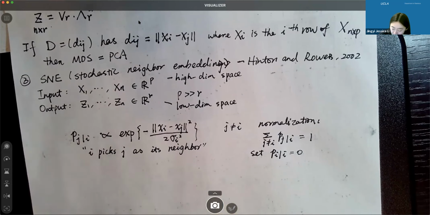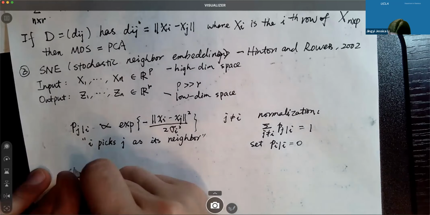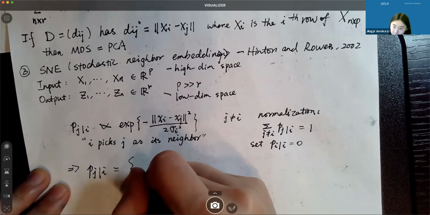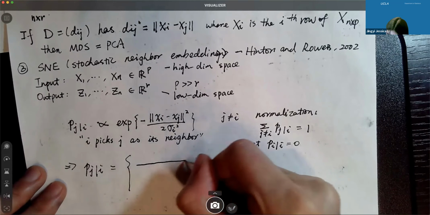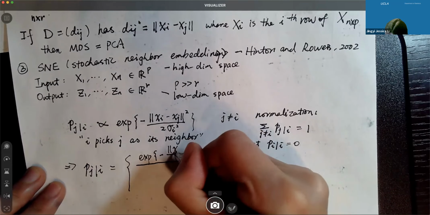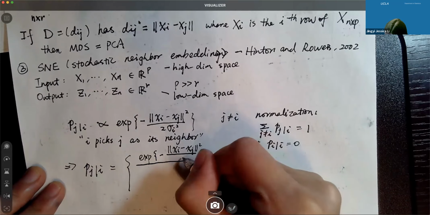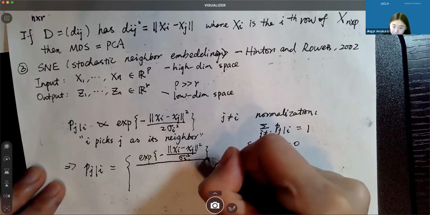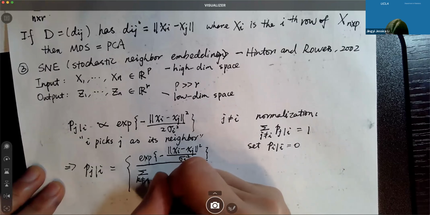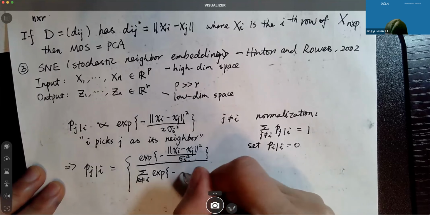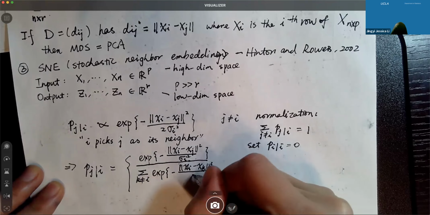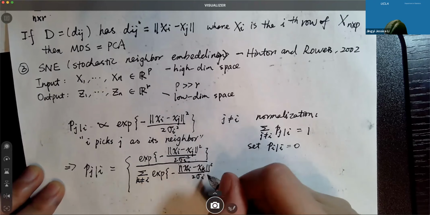So with all the thoughts into consideration, the normalized version is for p_j given i is equal to exponential of negative ||x_i minus x_j|| squared over 2 sigma_i squared, divided by the sum over all the k that doesn't equal i, the same thing applied to x_k, exponential negative ||x_i minus x_k|| squared over 2 sigma_i squared.